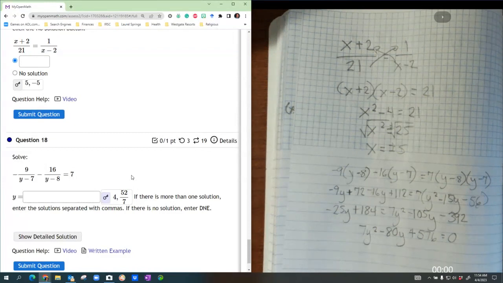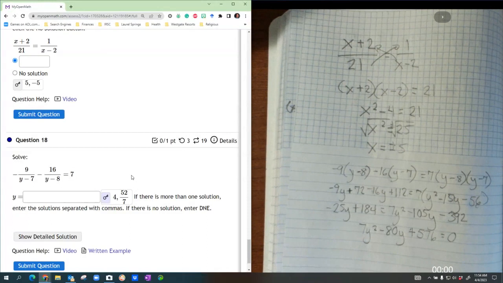There's no need for such large numbers, so I'm not going to go through with factoring this. I'm just not going to do it. You guys will have to understand that this is just a matter of factoring.